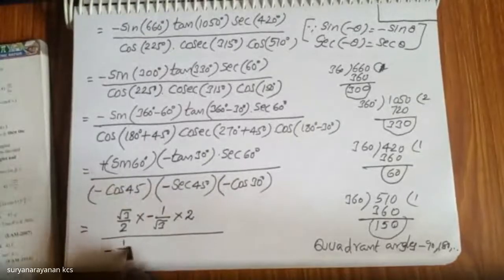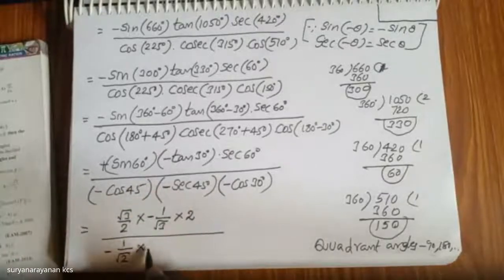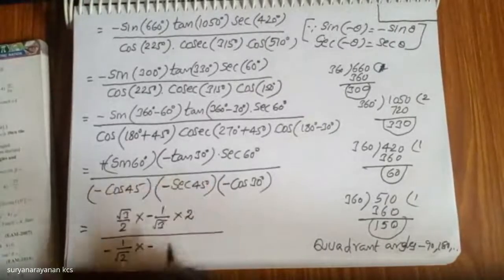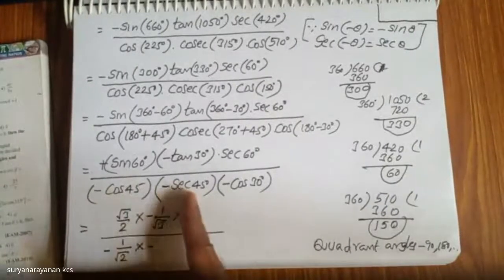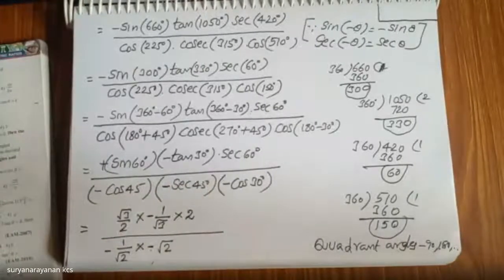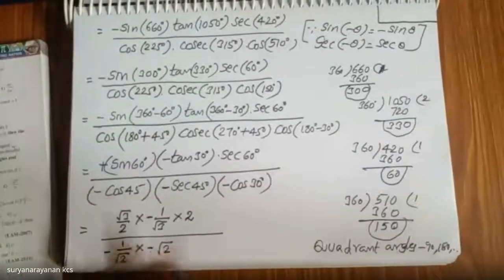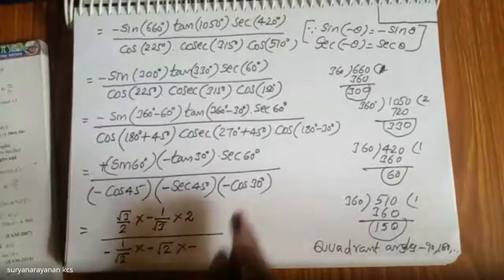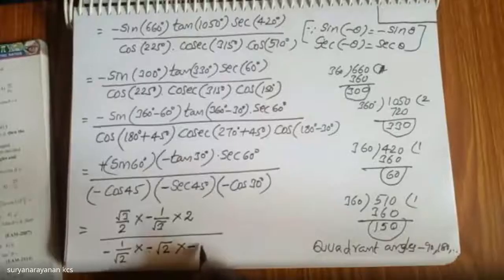What is the value of cos 45? 1 by root 2, into minus secant 45 degrees, the reciprocal of cos 45. Here we have already written 1 by root 2, so its reciprocal, into minus cos 30 degrees. What is the value of cos 30 degrees? Root 3 by 2, sir. Yes, root 3 by 2.